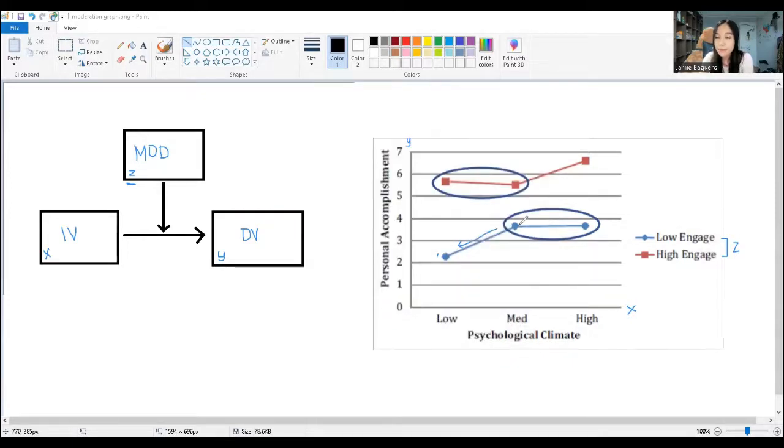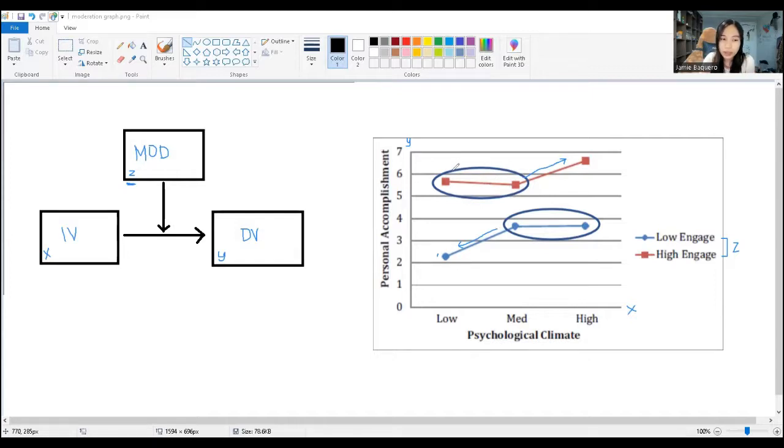It's just linear rather. On the other hand, there is an increase in high engagement here on the red colored line. So it's going upwards from medium to high, while the low and medium are also in a flat line position. It does not differ significantly in the dependent variable.